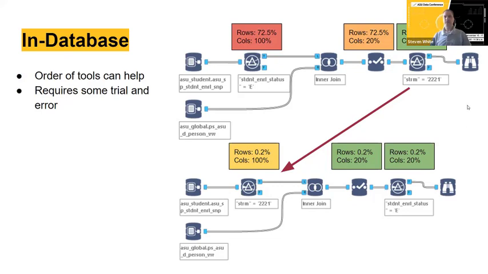But unfortunately, out of those 1.8 billion rows, many of them happen to have this enrollment status. But I'm not actually going to be using most of those rows. And then I have a join where I'm getting additional information from the person view. And then a select tool. And then finally, near the end, I'm filtering down to the specific term that I'm actually interested in.